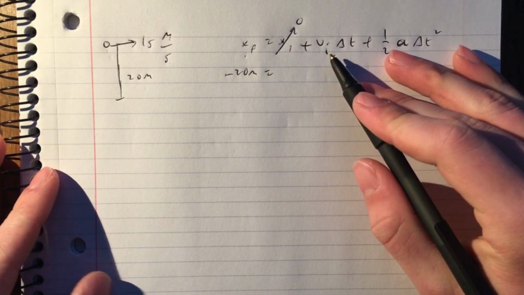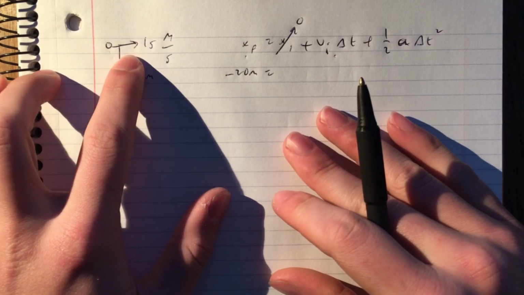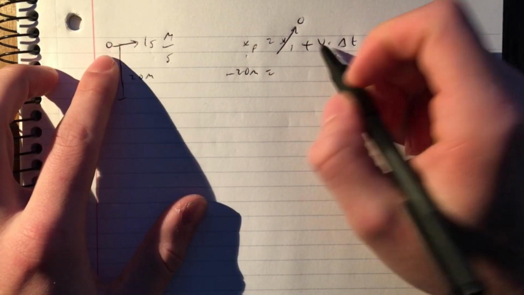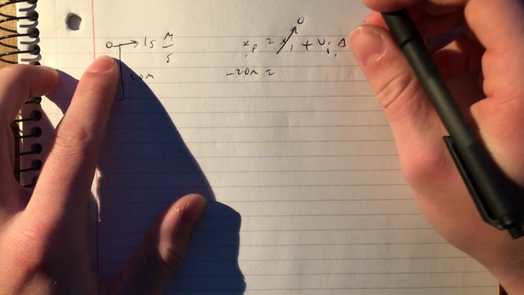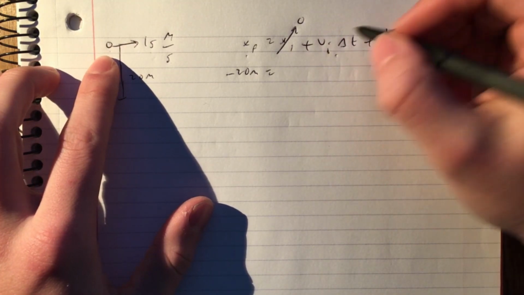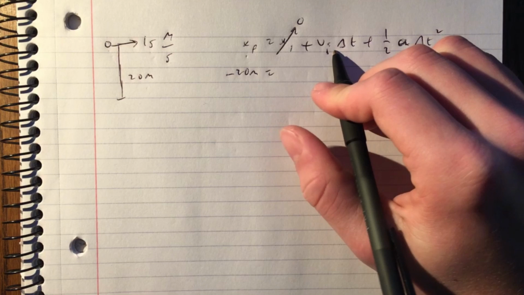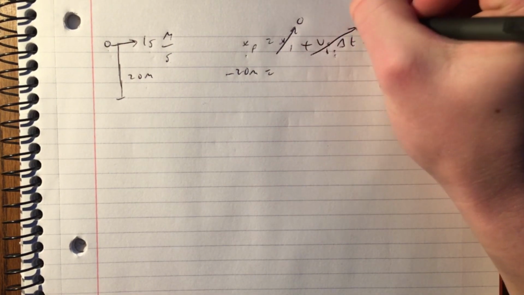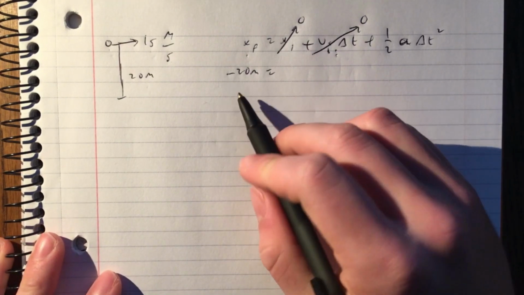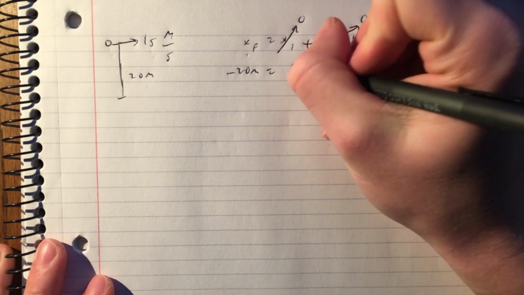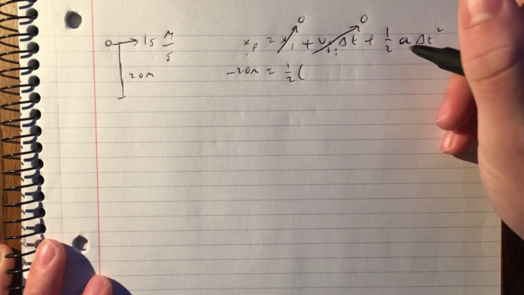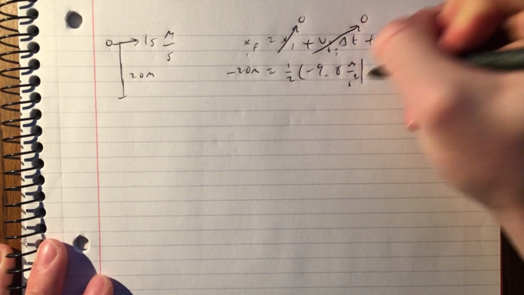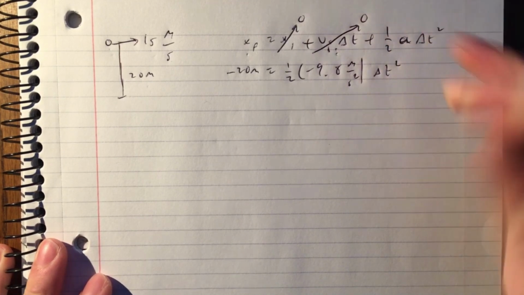So the ball has a horizontal velocity, but in the moment before it begins moving, it has no vertical velocity. So this is going to be 0, making this entire term 0. So -20 meters equals 1/2 times acceleration, which is -9.8 meters per second squared, times change in time squared.